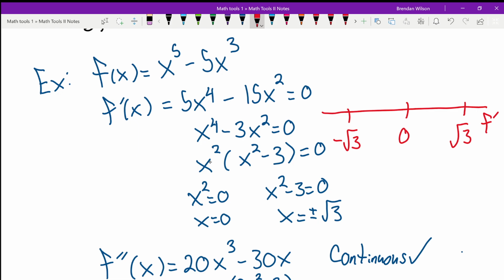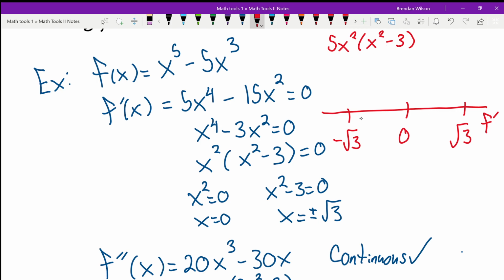So we really only need to look at, let's see, again, we only need the sign, so we can look at 5x squared times x squared minus 3. Okay. So basically just this last part we had, but technically you'd have the 5 there, but that's not going to affect the sign anyway.